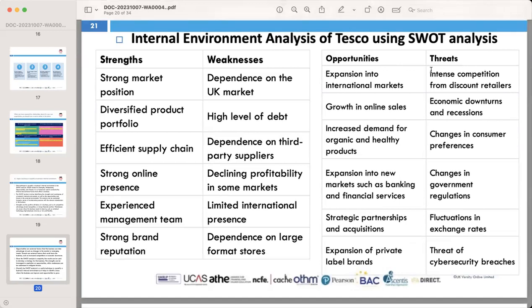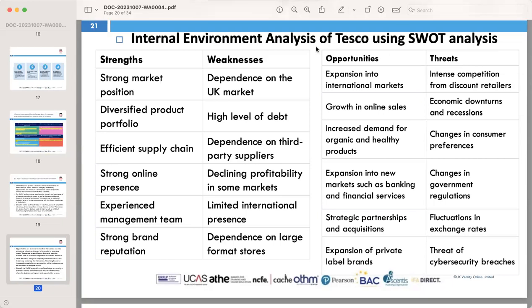Then when we talk about threats: intense competition from discount retailers, economic downturns and recessions, changes in customers' preferences, changes in government regulations, fluctuations in exchange rates, and finally, threat of cybersecurity breaches.